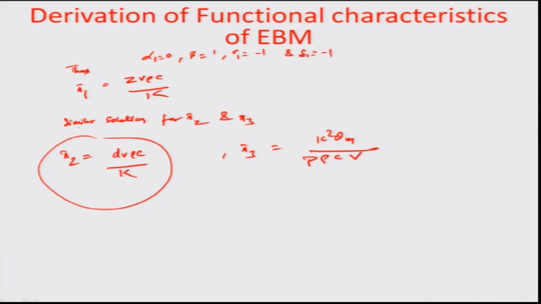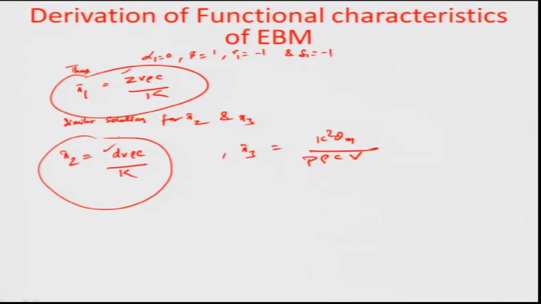Obviously, you can think of the similarity between pi 1 and pi 2 because both of them had a linear dimension in length. One was indicating the depth of melting temperature z, another was indicating the diameter of the beam. Both are length dimensions, and length dimensions were going linearly. So, obviously, the other portion of the group would be similar in terms of their alpha, beta, gamma and delta values.